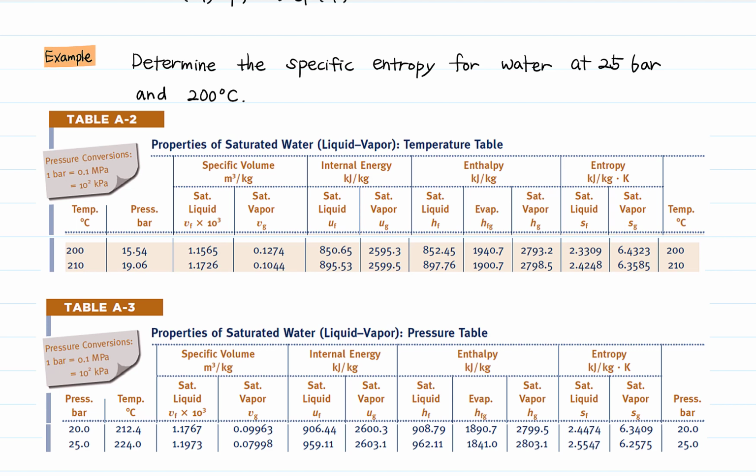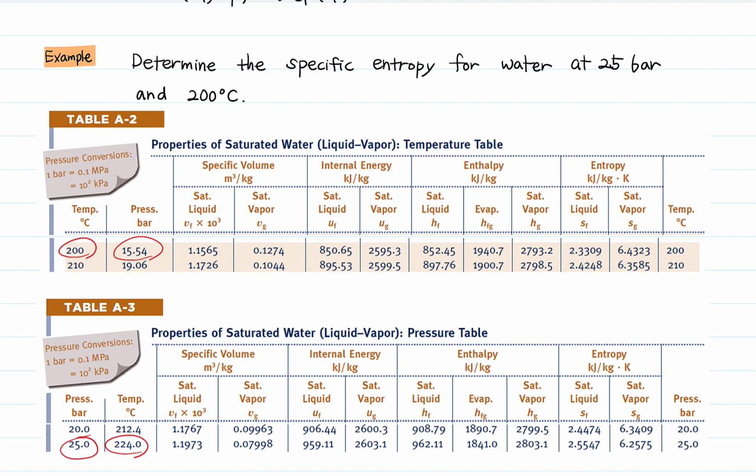In table A2, this is the saturation temperature table, and table A3 shows saturation pressure and saturation temperature. So you may wonder which table should I use. In the compressed liquid region, the property is a strong function of temperature, not pressure.